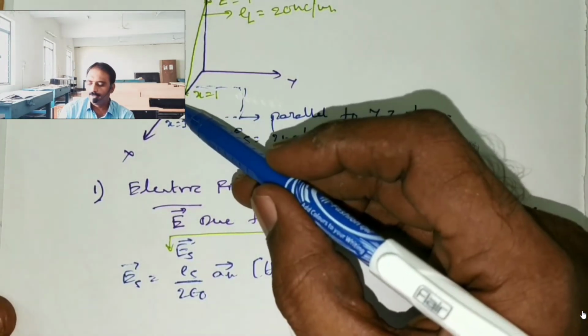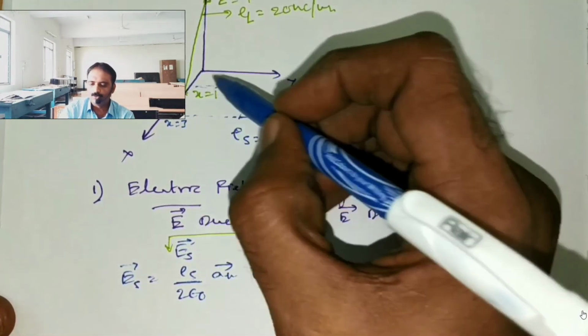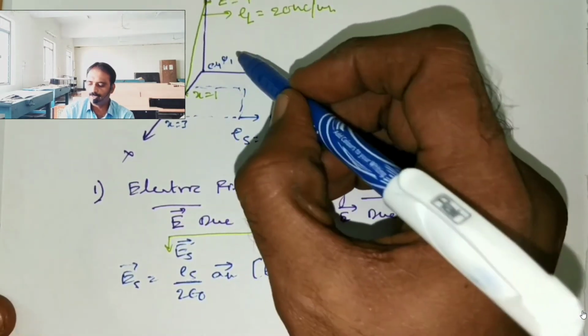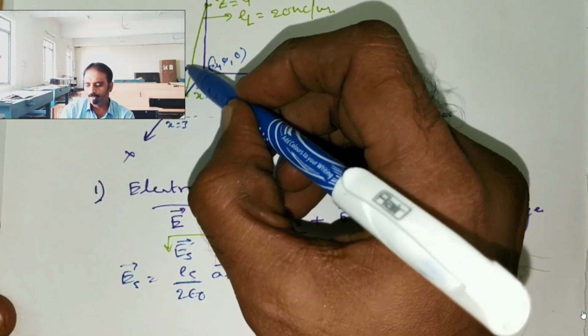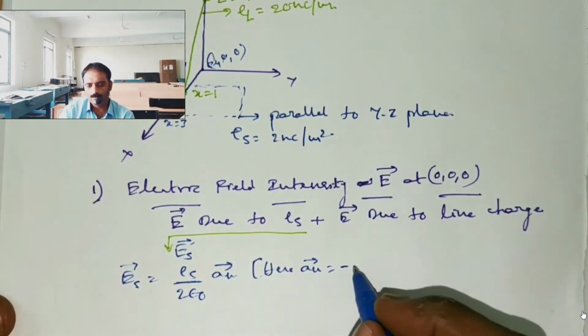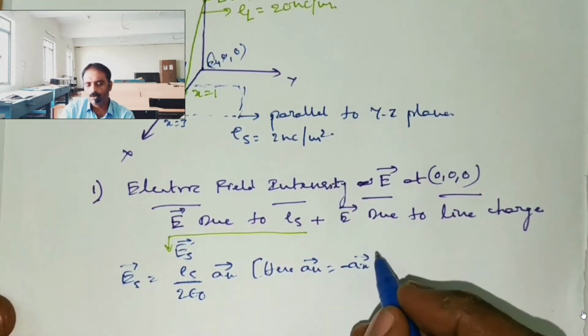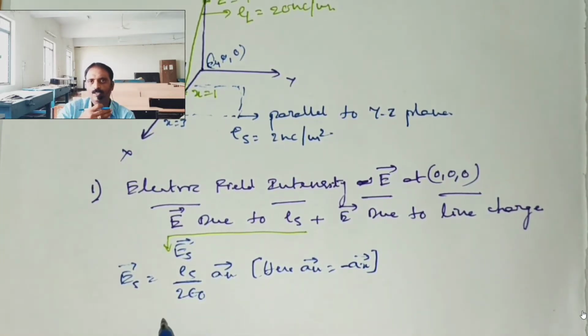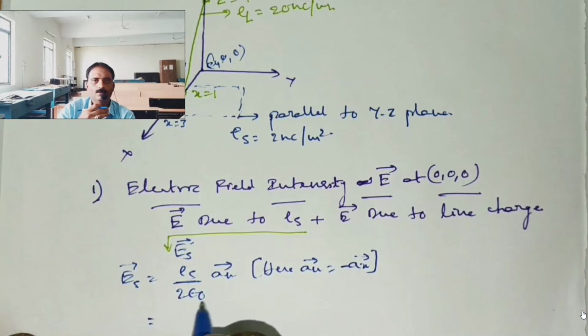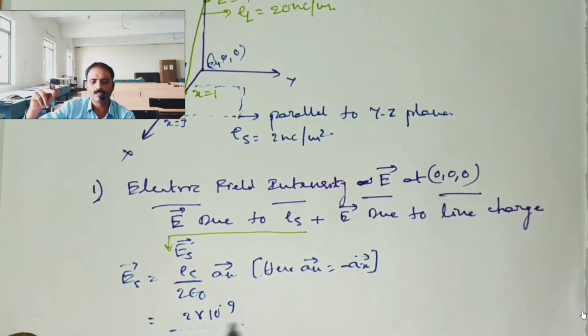Here in this case, minus AX bar is considered as the unit vector towards the origin. If it were directed away from the origin, it would be positive AX. As it is towards the origin, it is in the negative X direction, so it is minus AX bar.